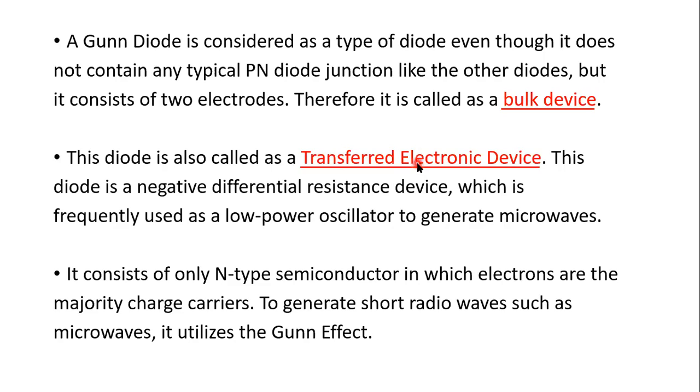So Gunn diode basically comprises of N type of material only. Okay, there is nothing like P type.